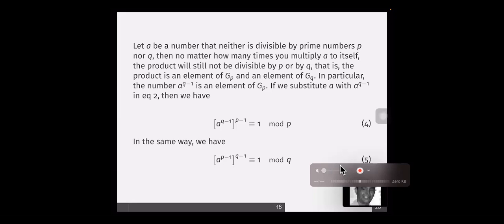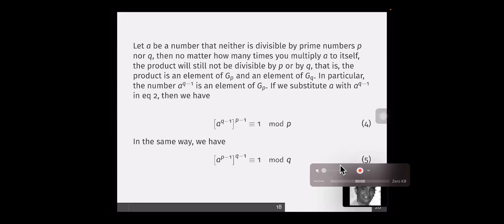Now, no matter how many times you multiply a to itself, the product will never be divisible by p or q, because p and q are prime numbers. It means that a and all powers of a don't have an element that is common to p.